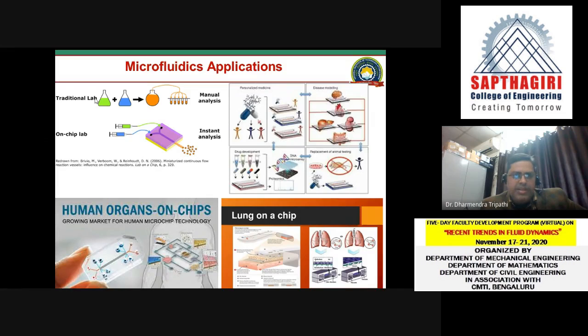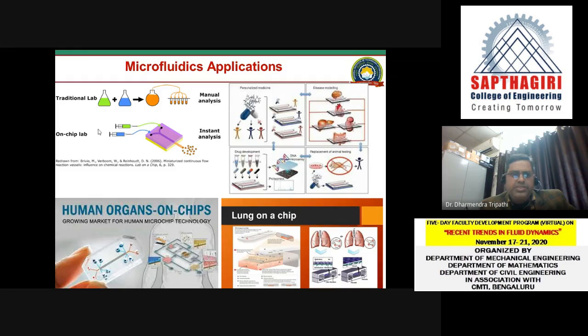In the chemical lab, or in the case of diagnosis, we have to use two chemicals in large amounts, give time for the reaction, and then we can find the output. When we have a large amount of liquid or chemicals, it will take time, and it is also costly, because we have to purchase large amounts of chemicals or samples.